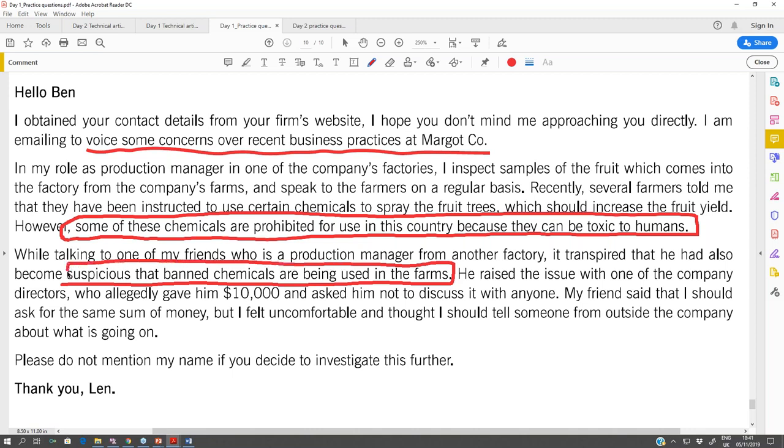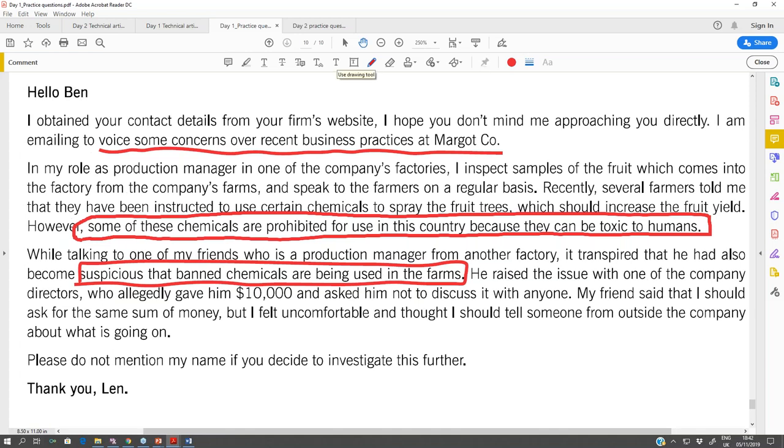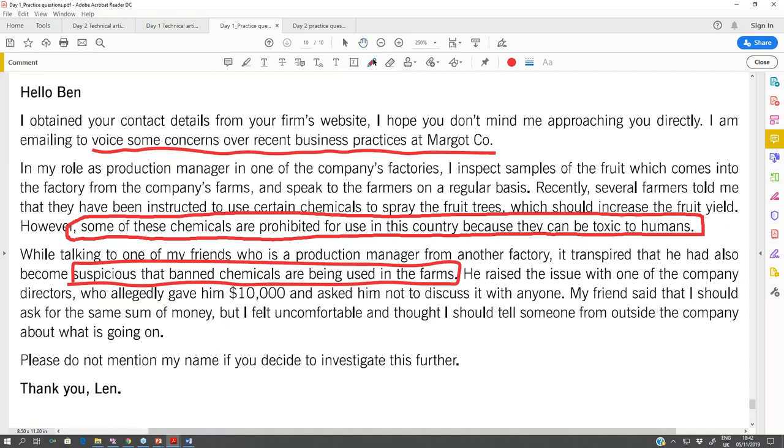So another problem. "He raised the issue with one of the company's directors who allegedly gave him $10,000 and asked him not to discuss it with anyone." So the directors have bribed him. The directors have given him $10,000 to keep quiet, not to share this with anyone. So $10,000 as a bribe was given because they were using some banned chemicals and some of the chemicals were prohibited.